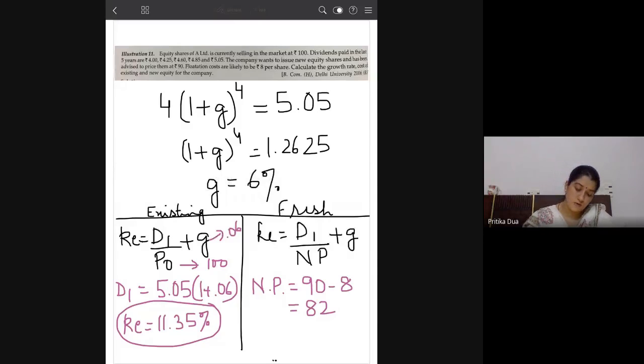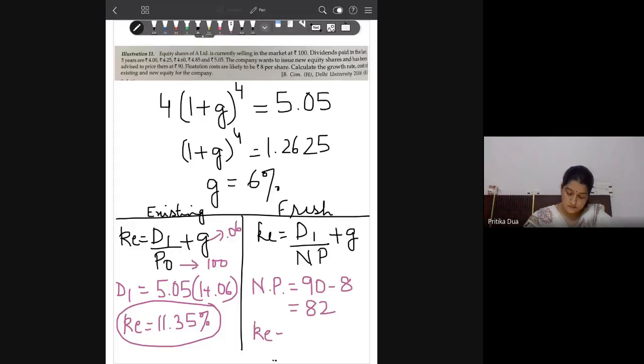So the answer for the second part is 12.52. Yes. What about others?